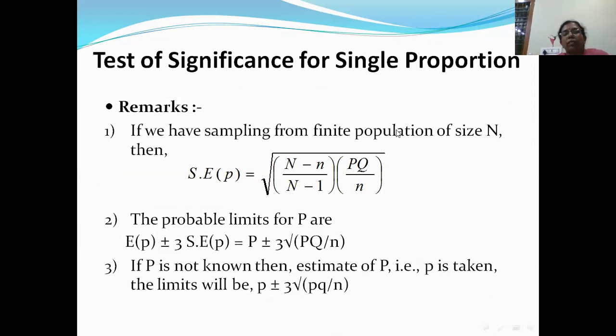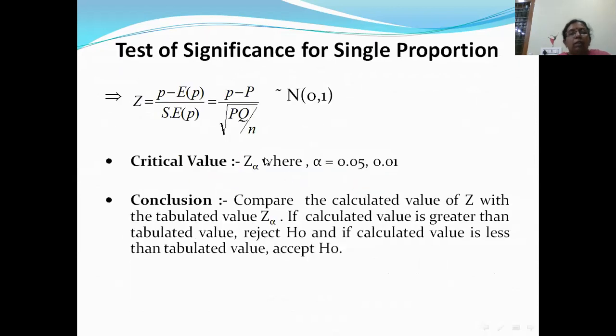Suppose we have sampling from a finite population of size capital N. That means if we know the population size capital N, then the standard error of p is not only root of PQ by n, we will have one more constant term. See here, for a large population, you are taking standard error of p as root of PQ by n.